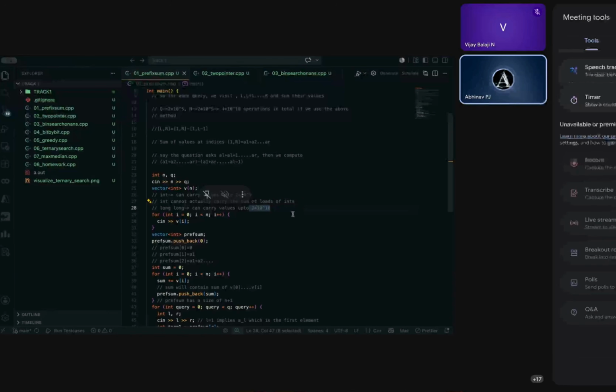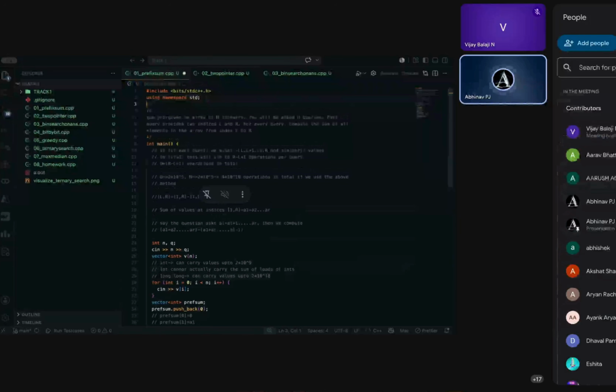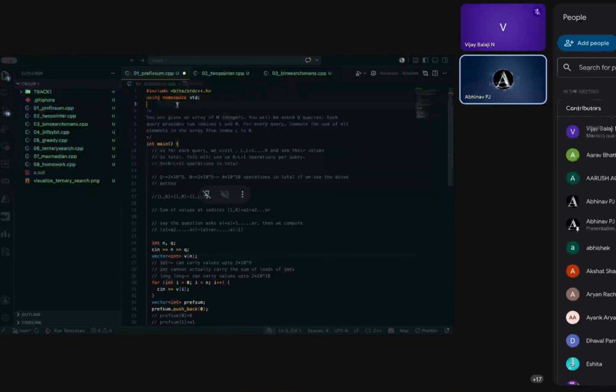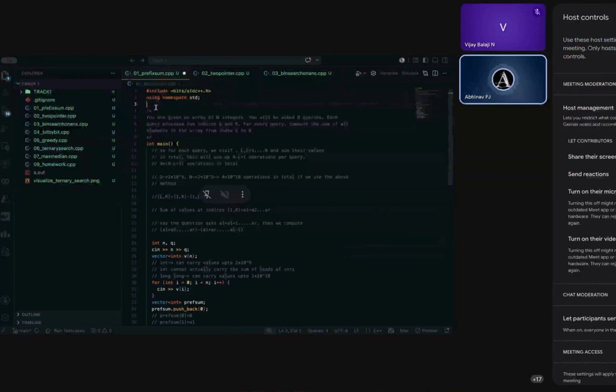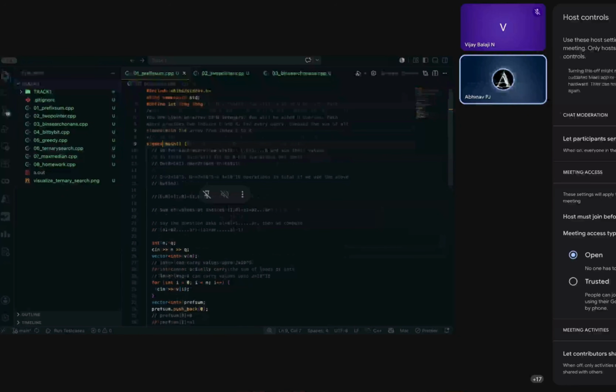So one common practice that competitive programmers use is, instead of saying int each time, either we say long each time, or we let C++ do that for us by saying hash define int long. What this does is that each time you write int in the future, C++ assumes that the int is a long.